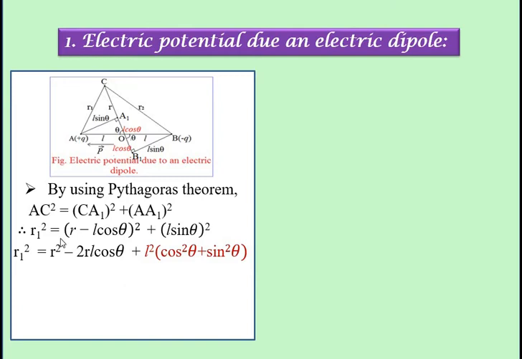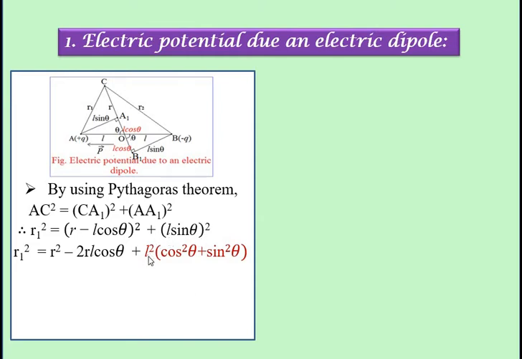Therefore, R1 square is equal to (R minus L cos theta) square plus (L sin theta) square. We know that (A minus B) square is equal to A square minus twice AB plus B square. So, here we can write (R minus L cos theta) square is equal to R square minus twice RL cos theta plus L square cos square theta plus L square sin square theta.